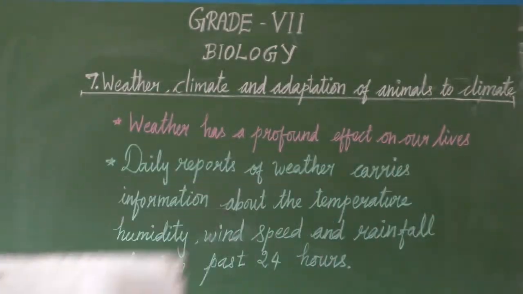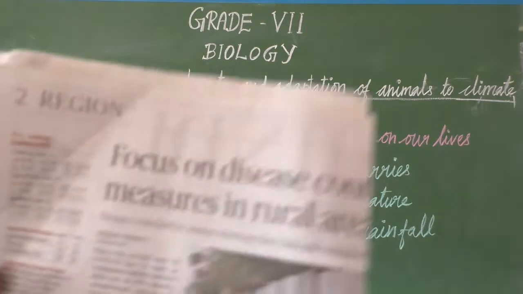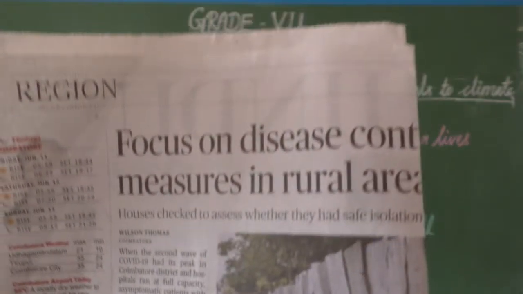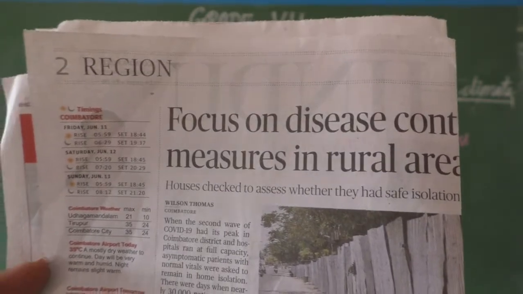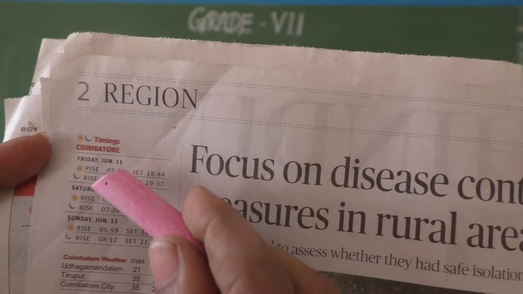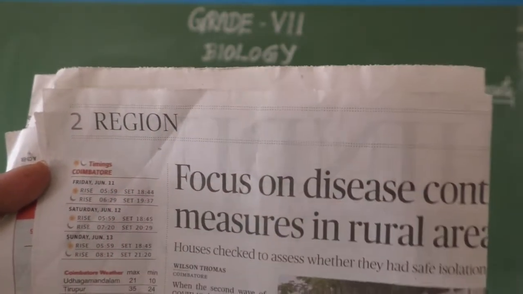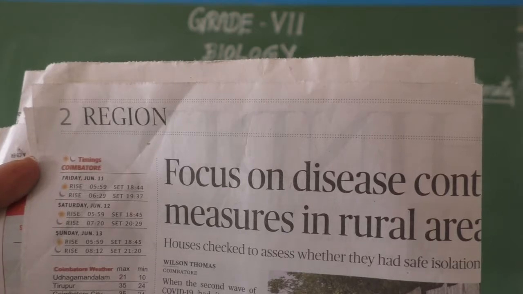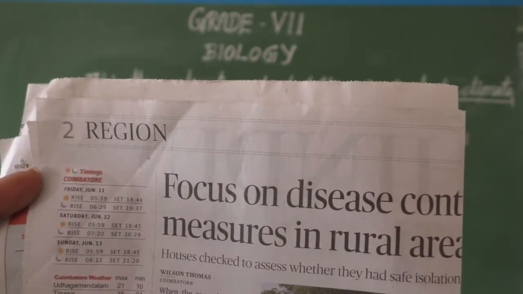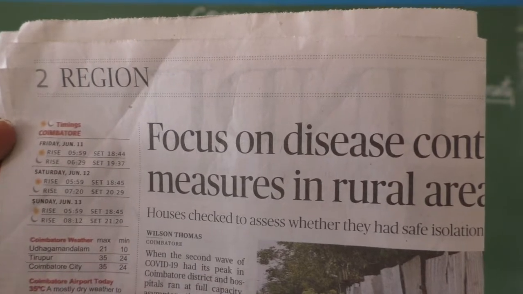See what things they have given. The time of sunshine, sunrise and sunset, for 3 continuous days. This is the June 11th, 2021 newspaper.